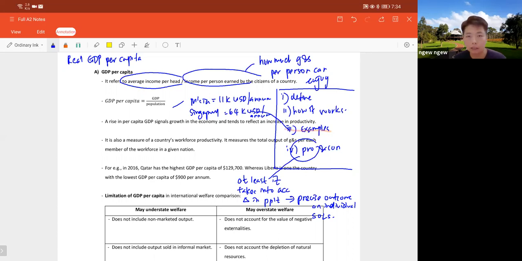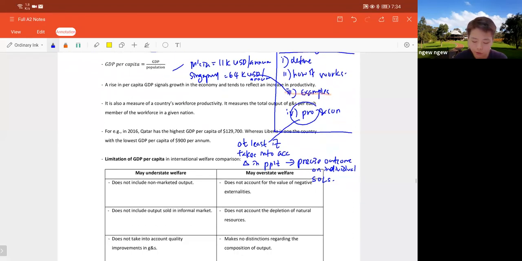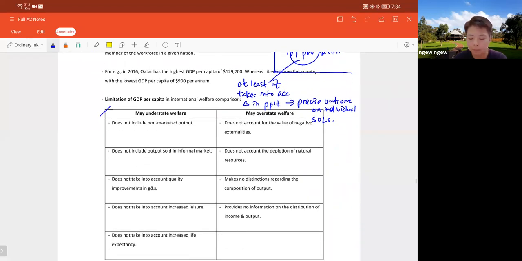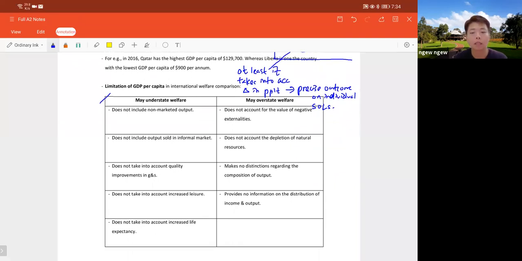But then the con is still a lot, whereby GDP per capita might not include a lot of aspects like environmental changes and number of hours worked, leisure times, and sometimes you can even look into that, like GDP per capita also doesn't include non-marketed goods and services and so on. So there are a lot of cons.